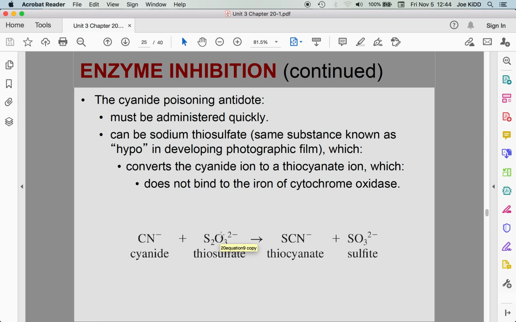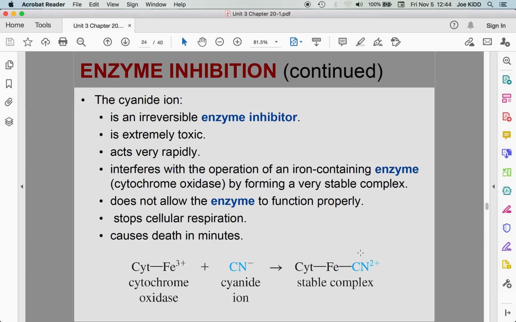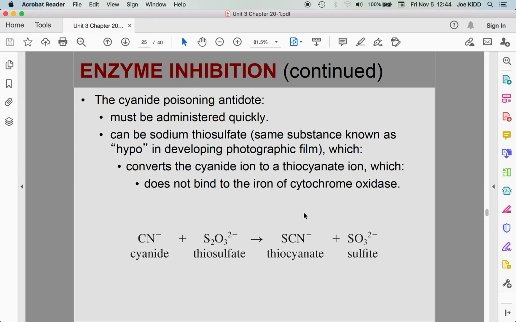However, even with the antidote, any cytochromes that have been bound to the iron will no longer be functional. This won't turn into thiocyanate afterwards. So once some damage is done, that is it.